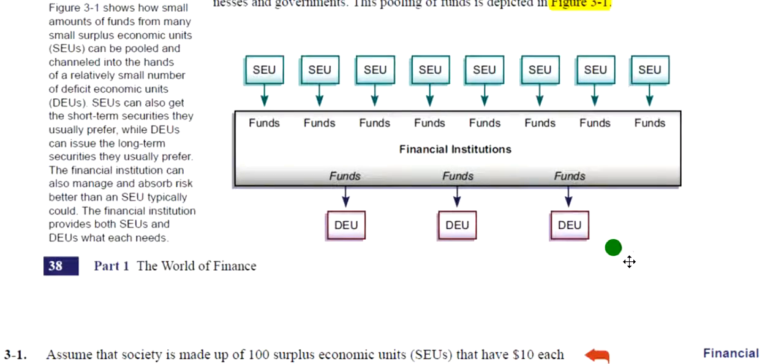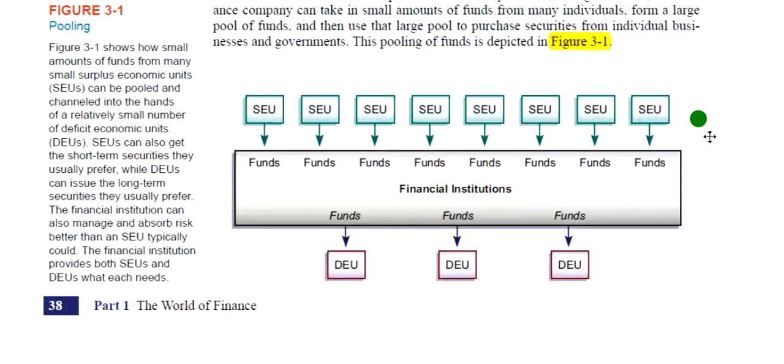So these are SEUs, and the typical SEU is just a household that wants to save some money. They'll put that money into a bank, and then the bank will pool all these small savings accounts. One thing they can do, for example, is buy bonds that are being issued by larger companies, using the funds from the savings.